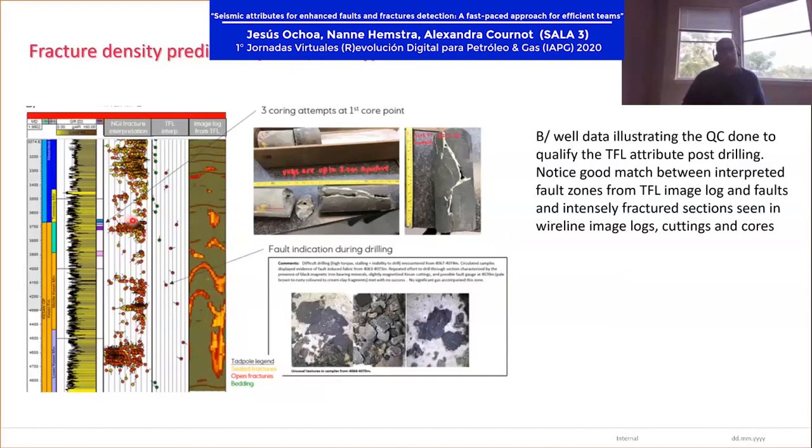And here you see some examples. We defined from the pseudo FMI areas where we can attempt coring, because not many faults and fractures were detected, and they were a pretty good match for where the core was collected.